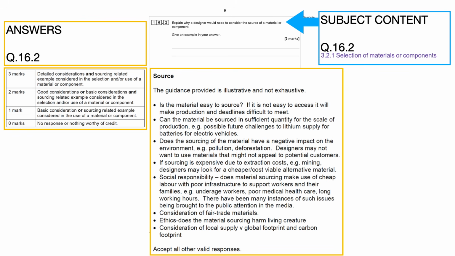We also have to consider fair trade materials, and ethics. Does the material sourcing harm living creatures? And lastly, there needs to be a consideration of local supply versus global footprint and carbon footprint. So these are the possible answers to explain why a designer would need to consider the source of a material or component when designing a product.